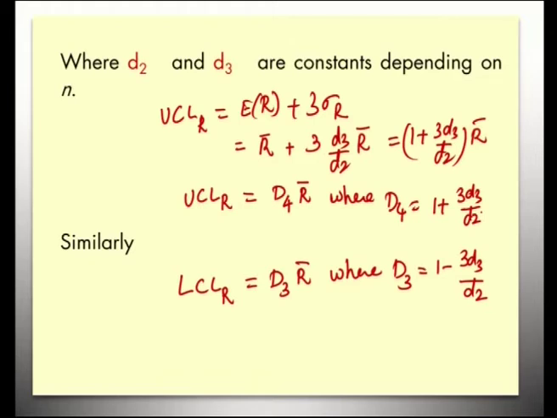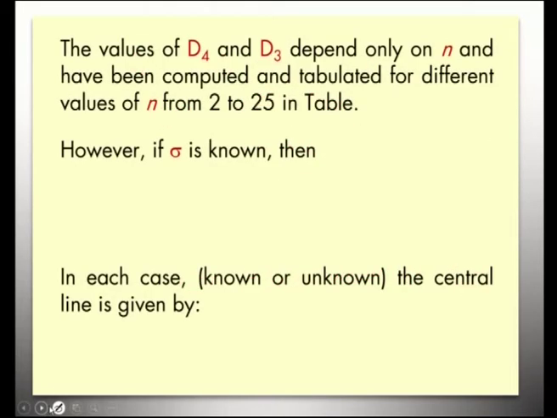Next, the values of D4 and D3 depend only on n and have been computed earlier and tabulated for different values of n from 2 to 25 in the table of control chart constants. However, if sigma is known, then UCL of R is equal to E of R plus 3 sigma R, which is d2 sigma plus 3 d3 sigma.